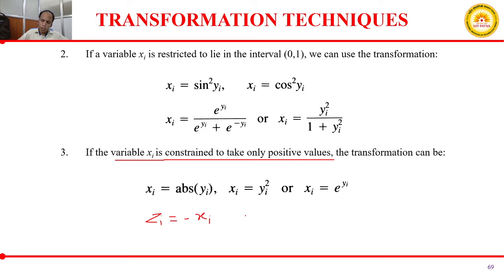By introducing this new variable zi equal to minus xi, zi will always take a positive value, and you can use this transformation for the new variable zi. I think this will solve our purpose.